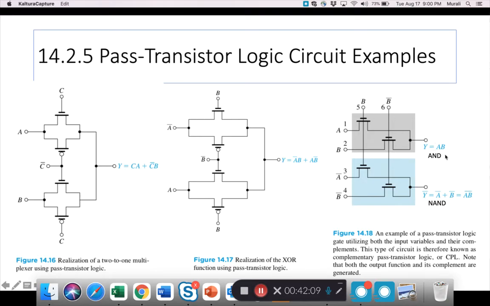So you get Y equals AB, an AND function, but you also get Y equals AB bar, a NAND function, right? Both are available. So an example of a pass transistor logic gate utilizing both the input variables and their complements. So this is also possible using transmission gates.